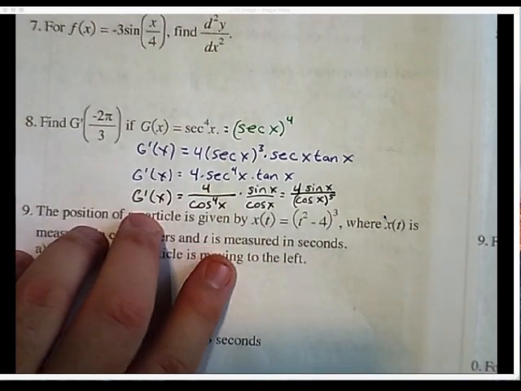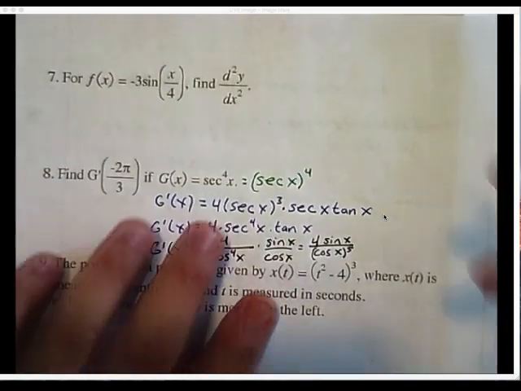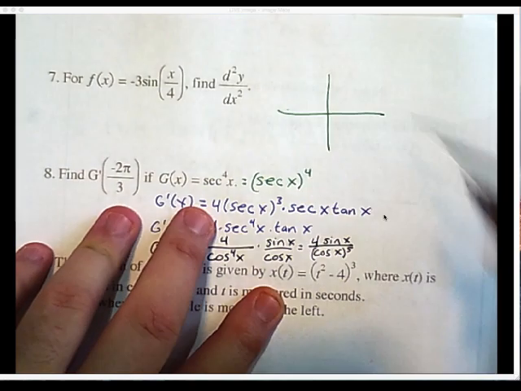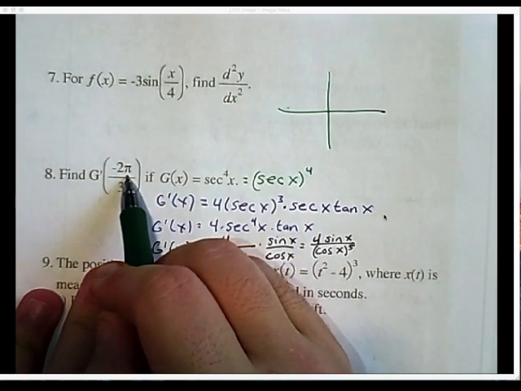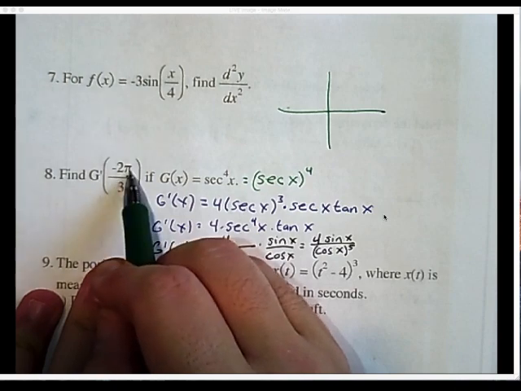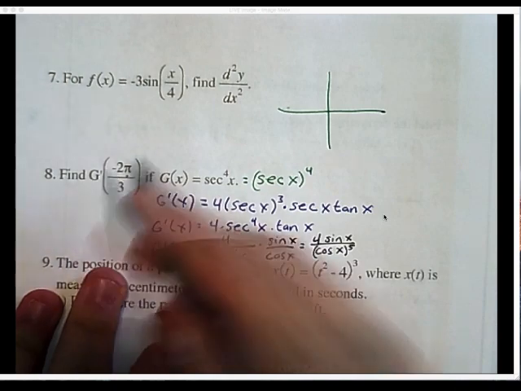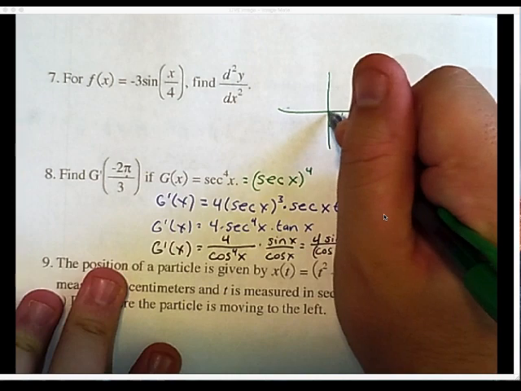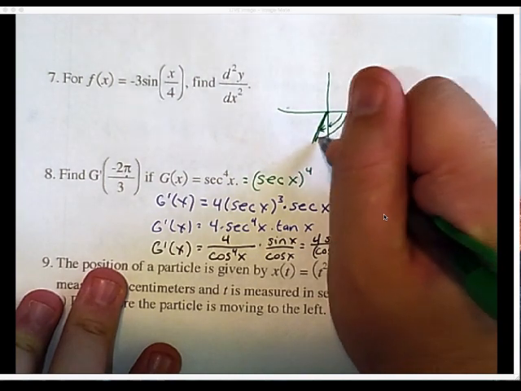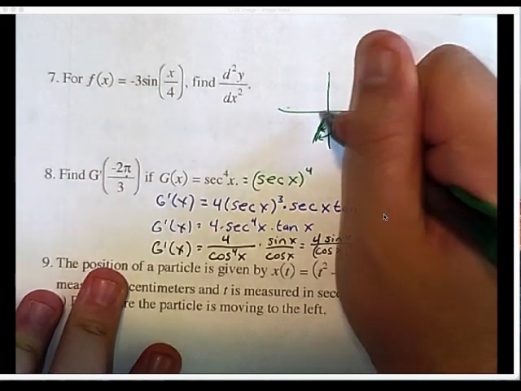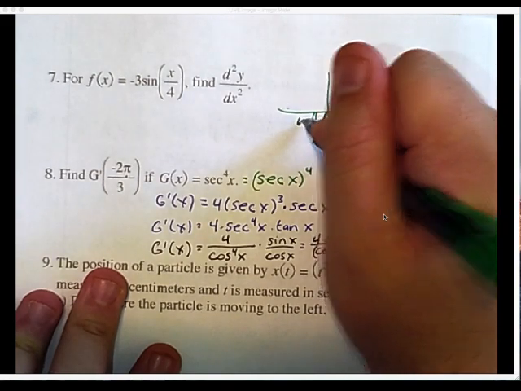So let's think about where negative 2 pi over 3 is. If I want to think about this, pi is 180. So 2/3 of 180 is 120, but you're going negative. So here's negative 90. You need to go 30 more. So this is negative 120. Again, it makes a 60-degree reference angle.